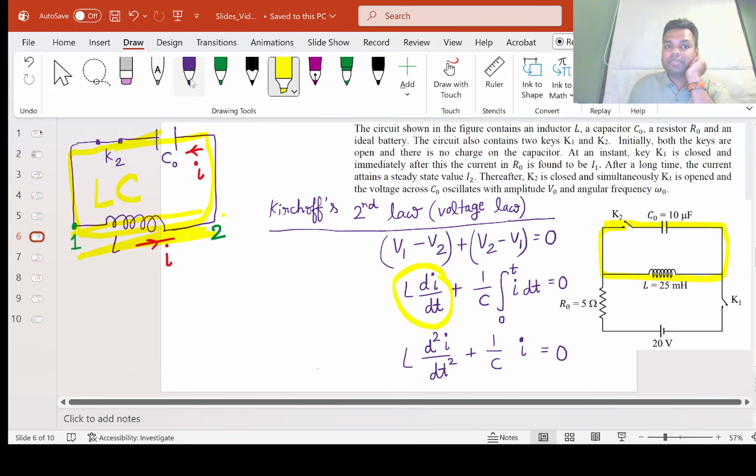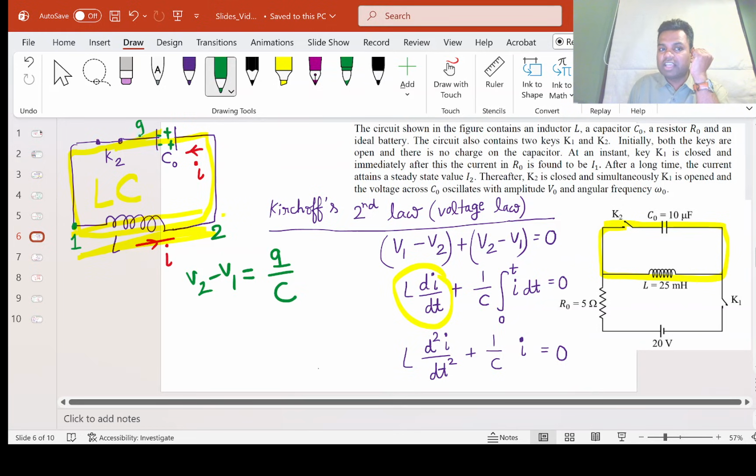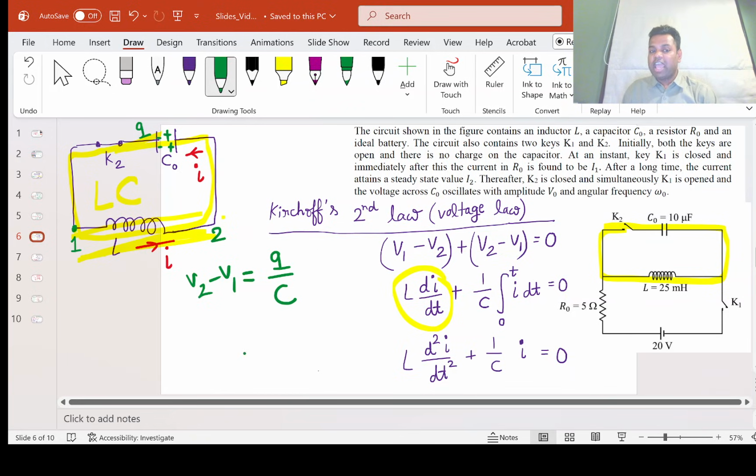So the voltage across the capacitor, V2 minus V1, is Q by C. Q is the charge on the capacitor at any time, and Q can be written as the integral of I dt, the integration of current, divided by C, and that's what you have. So you get this equation here.